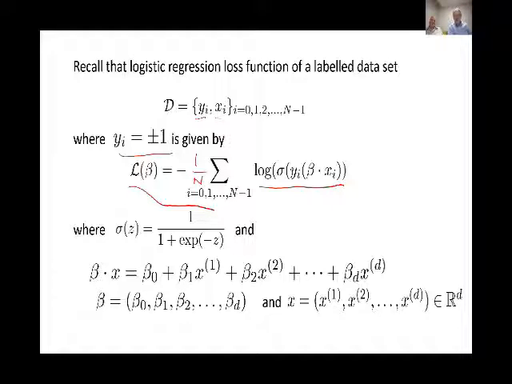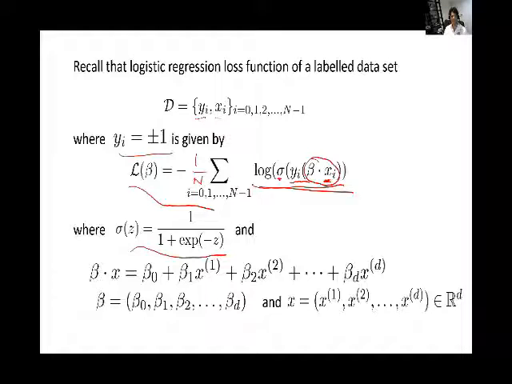We had this logistic function that you remember as 1 over 1 plus exp minus z. And we evaluate this logistic function on the dot product beta dot xi. So xi is our data set. The betas are the coefficients we're trying to find. And the yi are the labels here. And so the loss function was given by this expression, the average over the log of the logistic function applied to yi times this dot product.